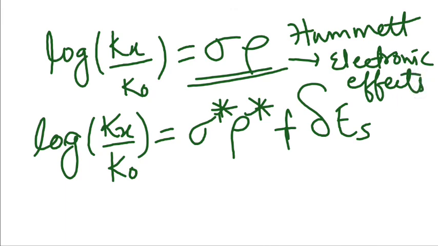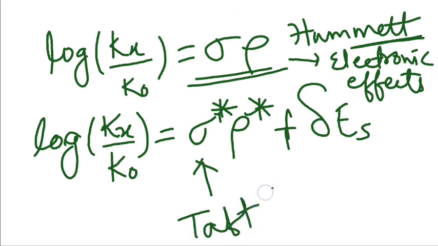But what if the substituent also has some steric effect? In most of the bulky compounds, we will find that there is an influence of steric effect on the reaction. So obviously the Hammett equation has some drawback. In order to make a correction to the Hammett equation, a new, modified equation was introduced by Taft, and this is known as the Taft equation.